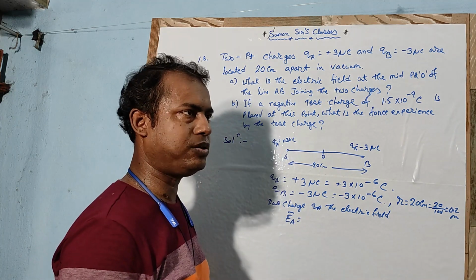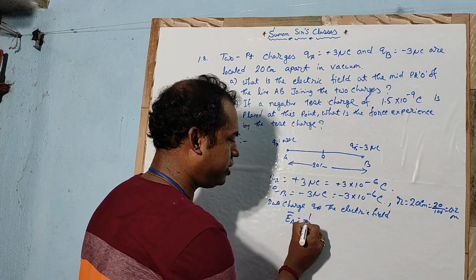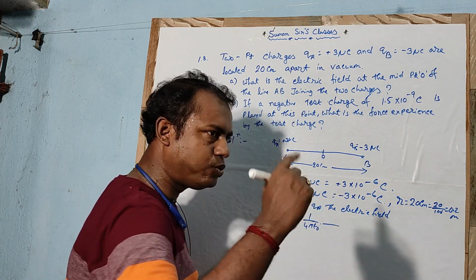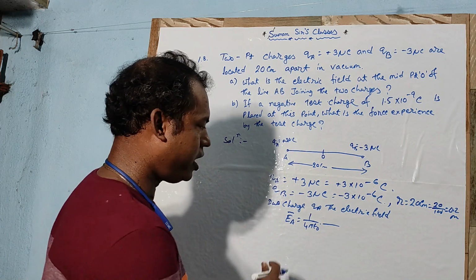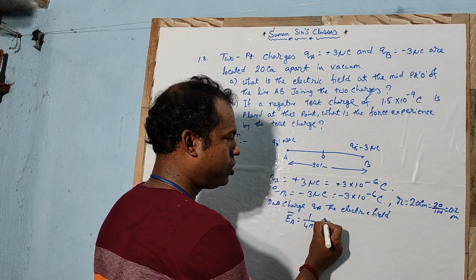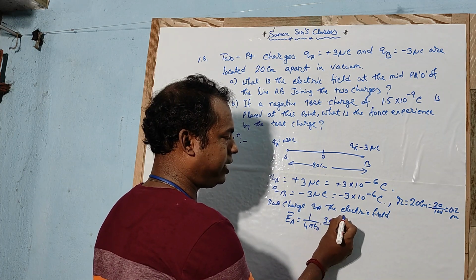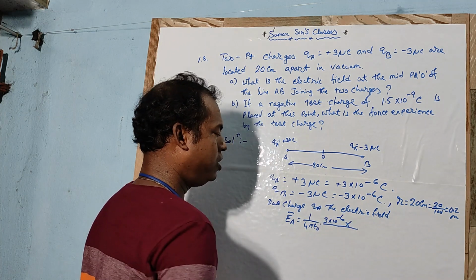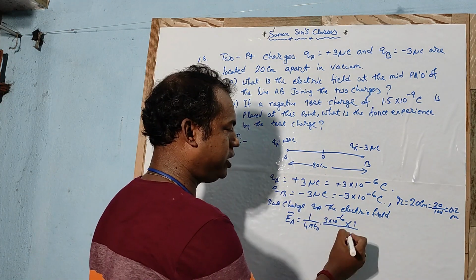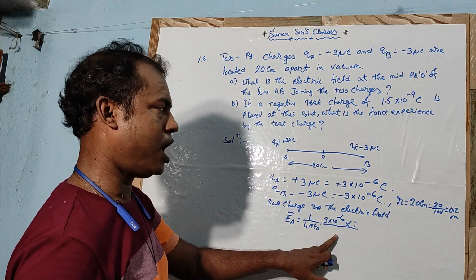In the SI system, 1 by 4 pi epsilon 0 is needed. That is 1 by 4 pi epsilon 0 times Q1 Q2 by R square. Here Q1 obviously equals 3 microcoulomb, so that is 3 into 10 to the power minus 6, into Q2. Q2 means 1 coulomb is present over there, so into 1 divided by R square.